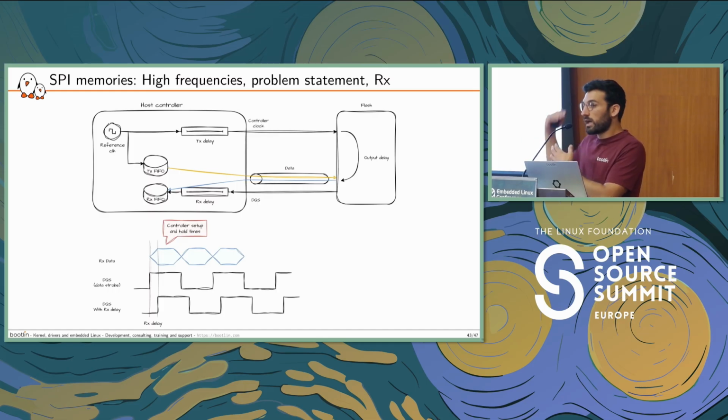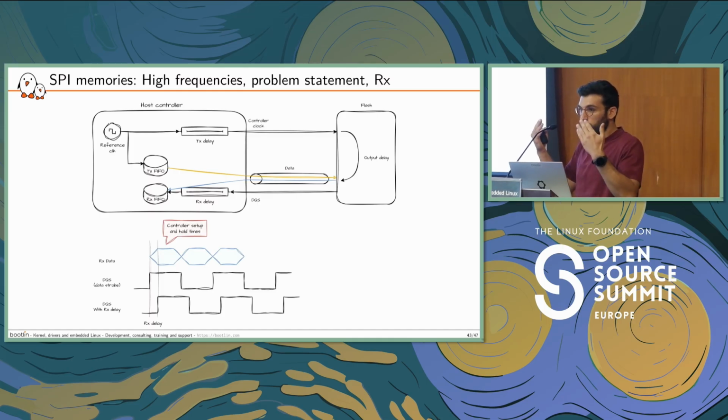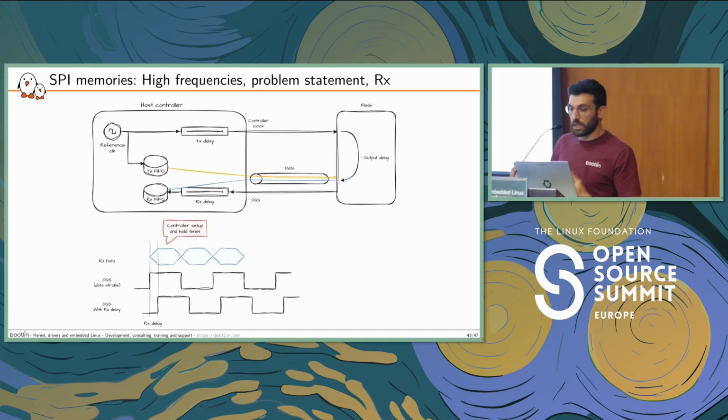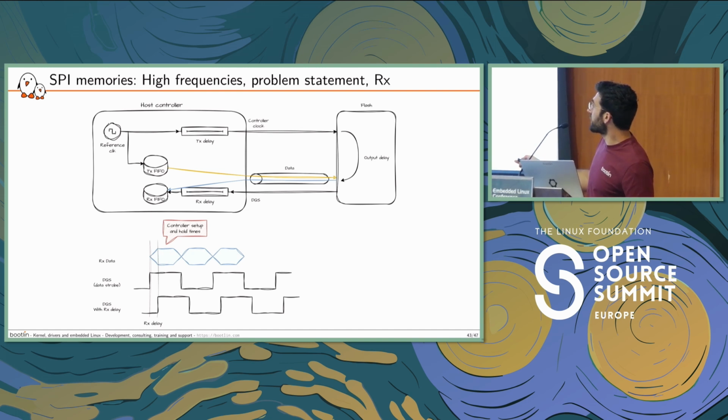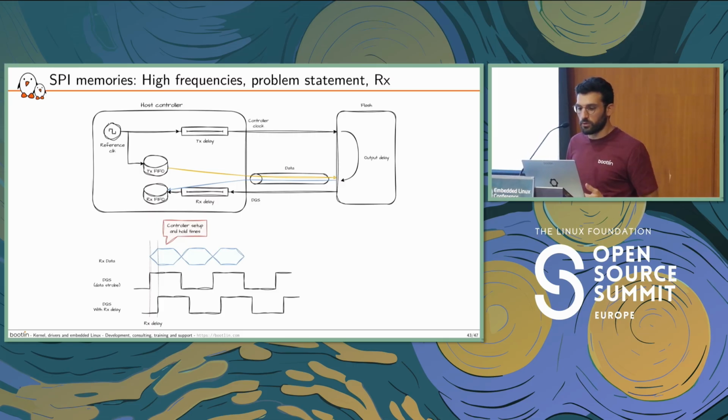And when we use higher frequencies, we will also ask the flash chip to toggle a pin that is named DQS. It's a data strobe. So at the same time it latches the data, it is supposed to toggle the DQS pin, so that on the host controller side, they are supposed to happen at the same time. And once again, we would tune an RX delay in order to further delay the clock in order to sample the data at the correct moment.